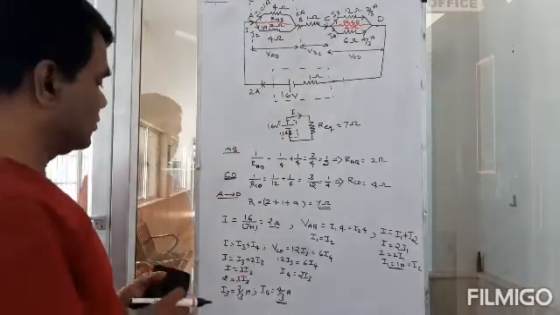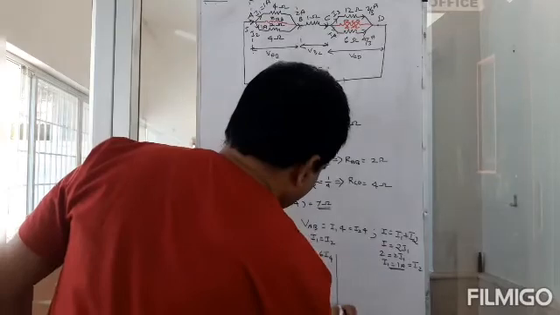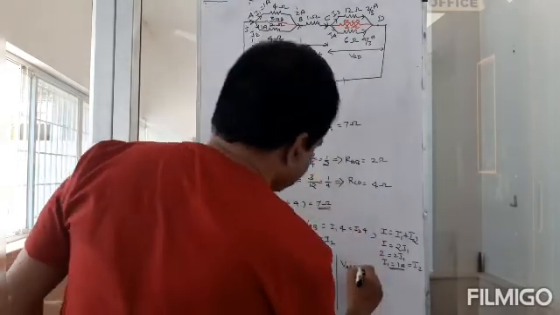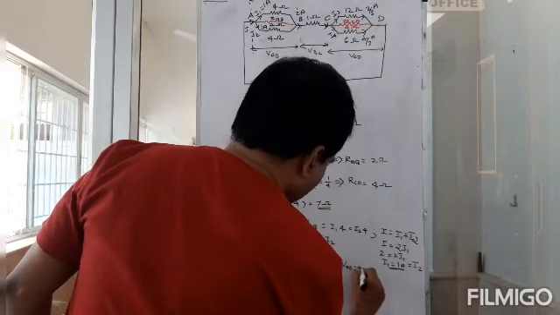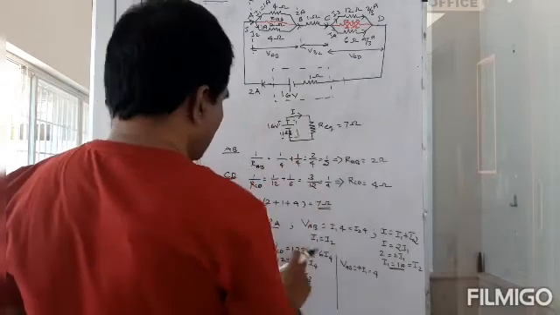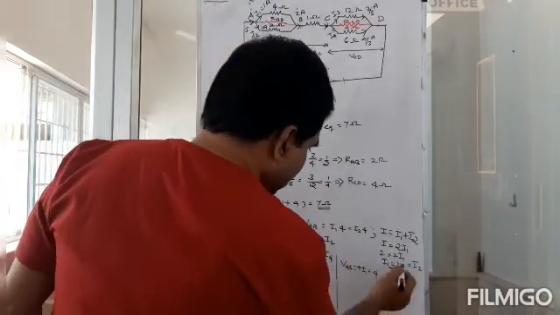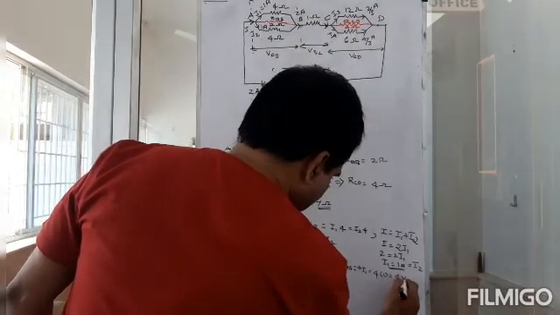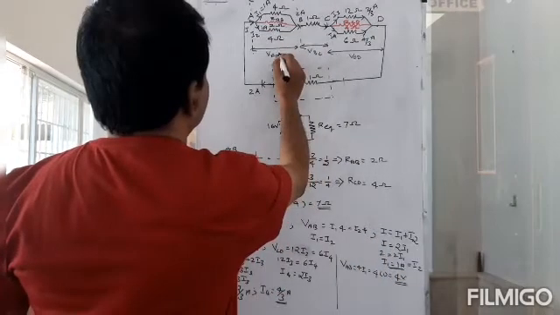Either is fine. So VAB is I1 into 4 or 4 I1. So 4 into what is I1? 1 ampere. Yeah, I1 is actually 1 ampere, right? So 4 into 1, so this is actually equal to 4 volts.